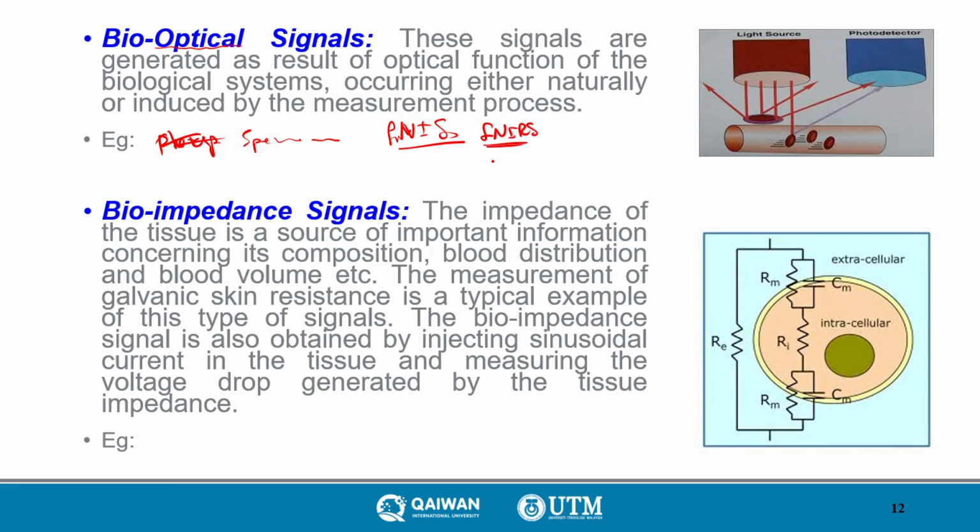These are systems that measure the biological signals based on optical methods.